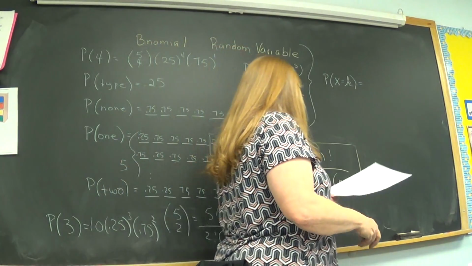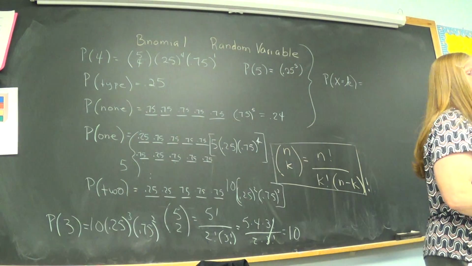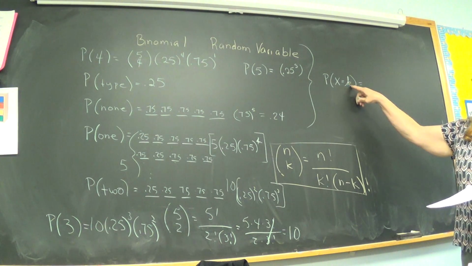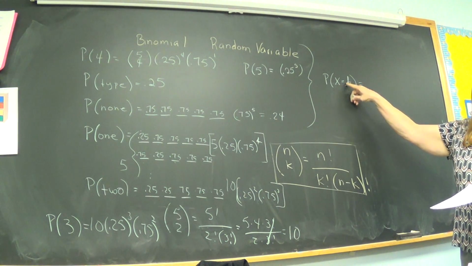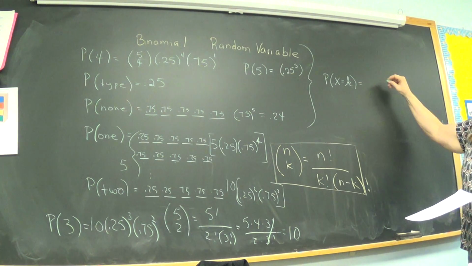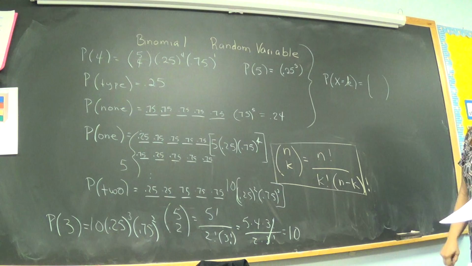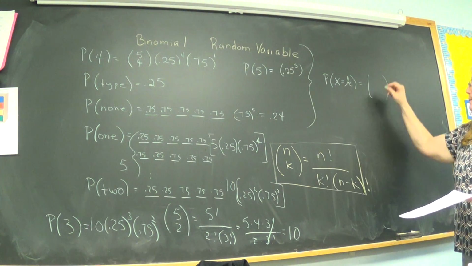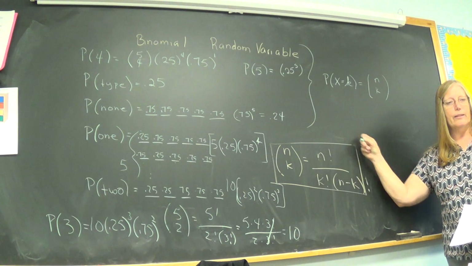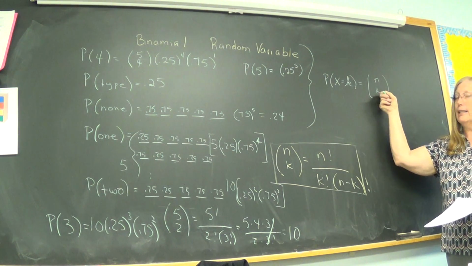So the probability that x equals k. In this one we were saying the number of O's equals 1, 2, 3. So in general then, we're going to use a binomial coefficient. So we're going to do an n over k. I'm going to let you remember what that means.